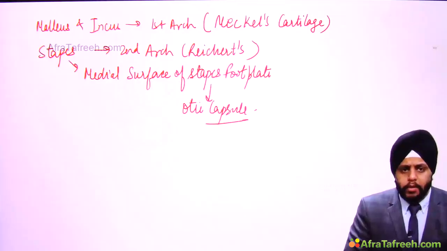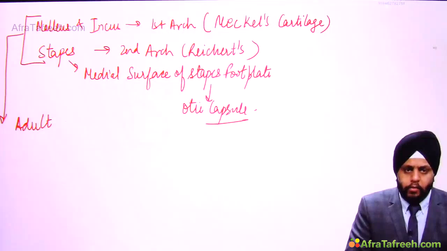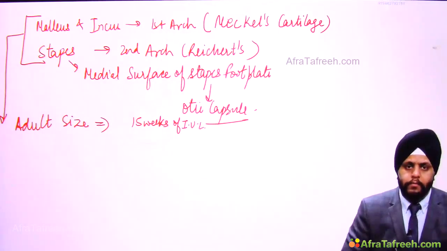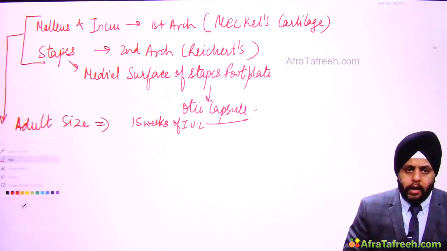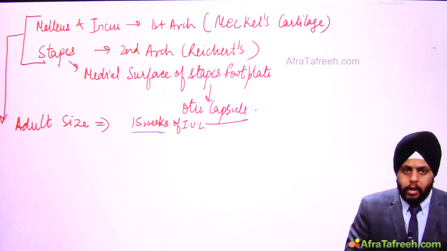Now, let's do some more embryological questions over here. You see these three ossicles, malleus, incus, stapes, they achieve adult size. If this question is asked, when do they reach adult size? The answer is 15 weeks of intrauterine life.